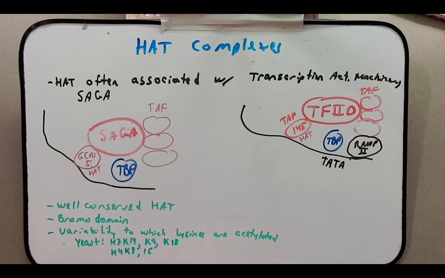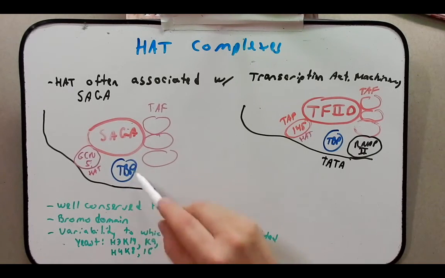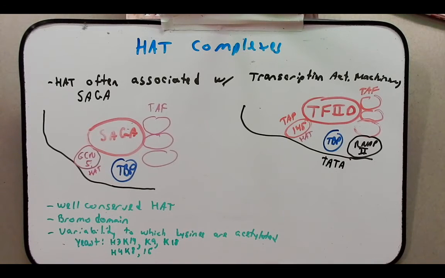Humans are similar, but they can acetylate some additional lysines, and they also acetylate lysines independent of this complex, particularly as it's linked to TBP. Sometimes in humans, these SAGA complexes will exist not associated with TBP. They still turn on gene transcription, but it's independent of TBP. And that's largely linked to this GCN5 variability.